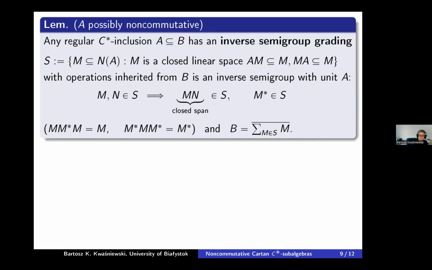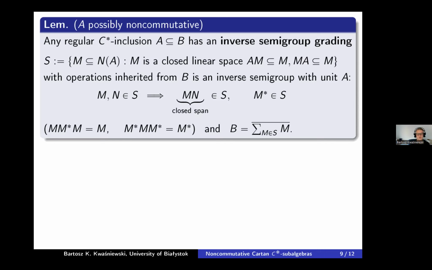One thing, usually when one talks about gradings, one expects to have a direct sum. Yes, that's true. That is why I call it inverse semigroup grading. And that's why Ruy, in his paper, calls this Fell grading, because he didn't like the name grading for the reason that you said. So for groups, usually one imposes the condition that the fibers of the grading are linearly independent.